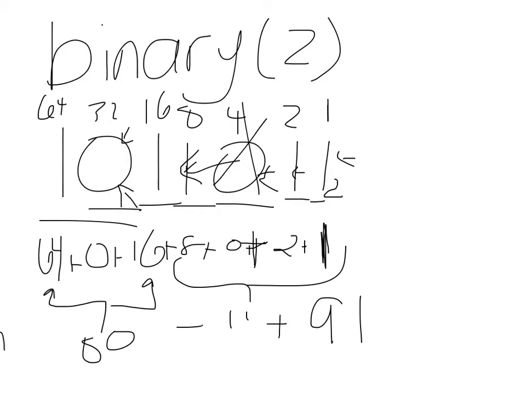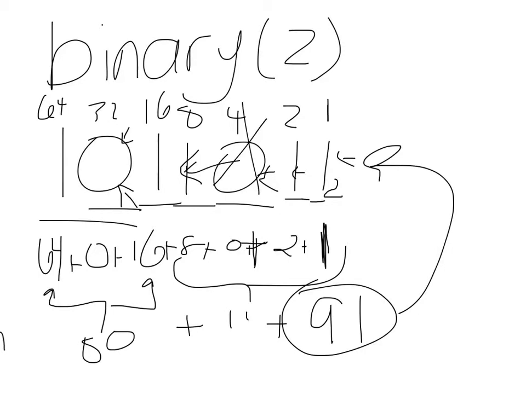So this binary number up here is the same thing as 91 in base 10. Basically, 1 0 1 1 0 1 1 and 91 are the exact same thing, only this is in base 2 and this is base 10. Same thing, just different ways of writing it.